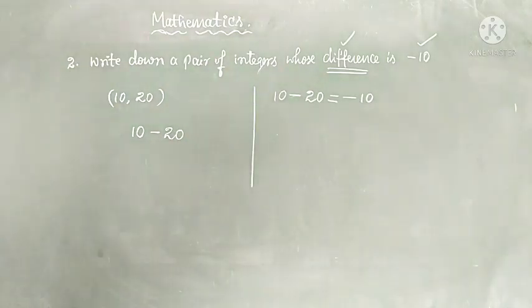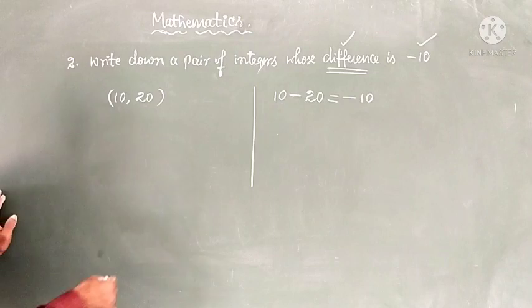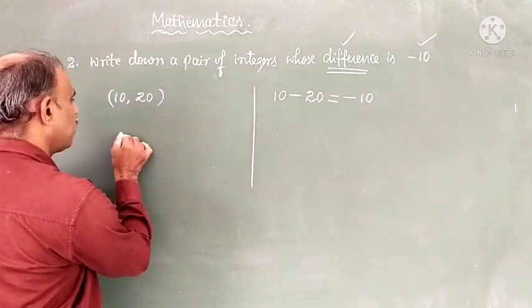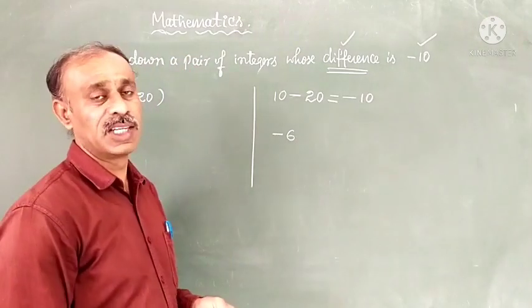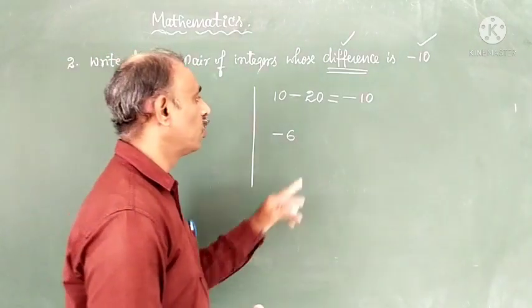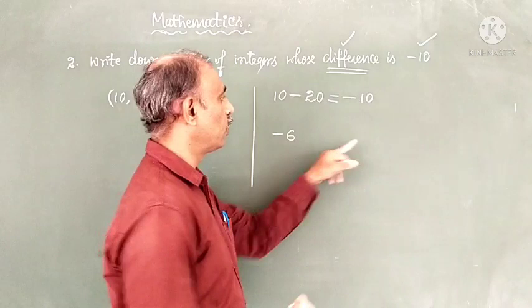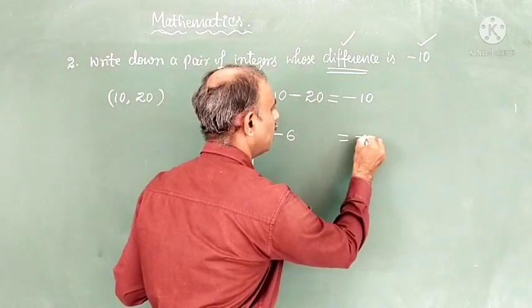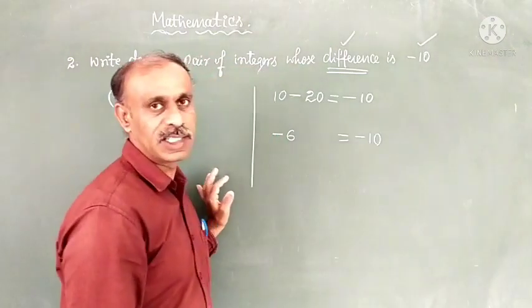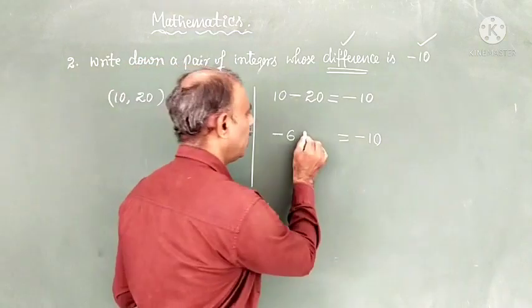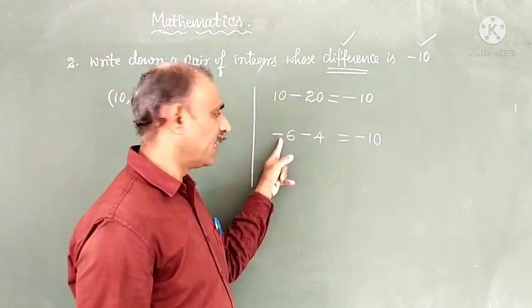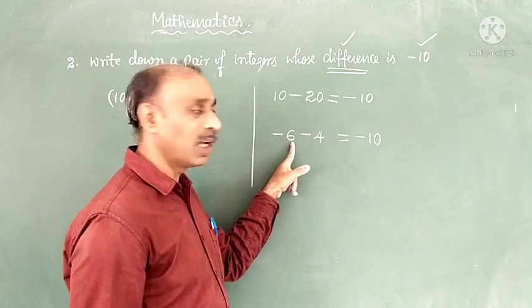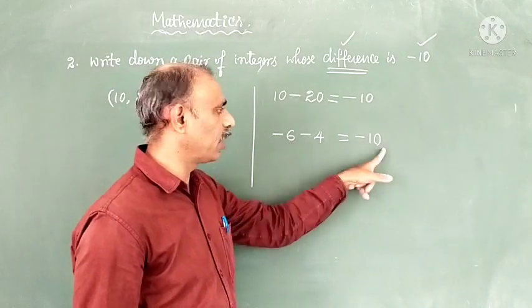So like that. Suppose I use minus 6. How much am I going to write here to get minus 10 as the result? So very easy. I need to write minus 4 itself because I used minus 6. If I add 4 to this, I am going to get 10.